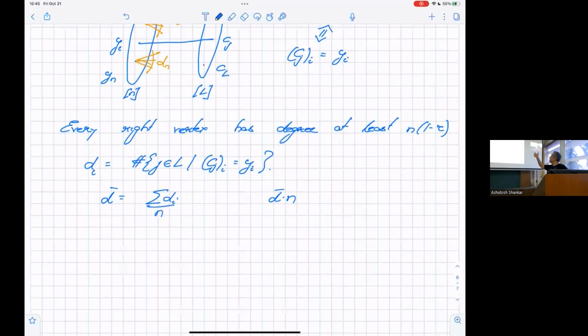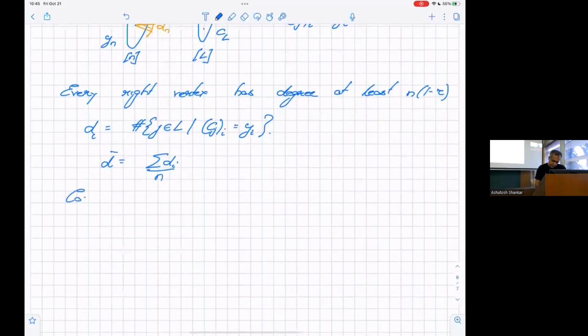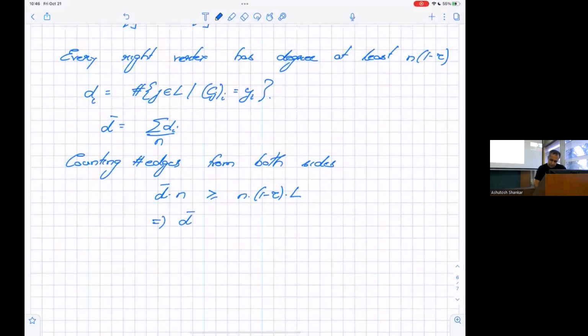This is at least n times 1 minus tau times L. So because of this, counting the number of edges from both sides, we have d bar times n is greater than or equal to n times 1 minus tau times L. That implies d bar is greater than or equal to 1 minus tau times L.